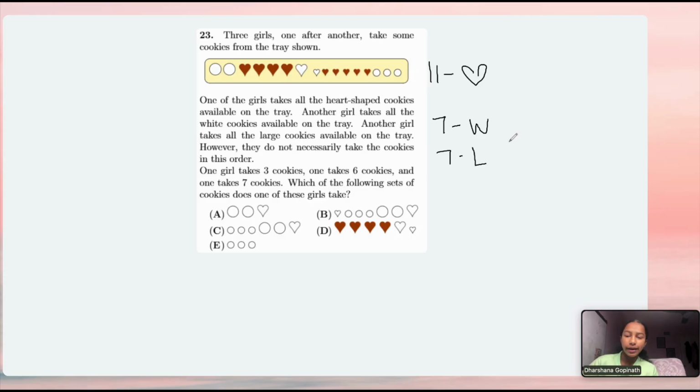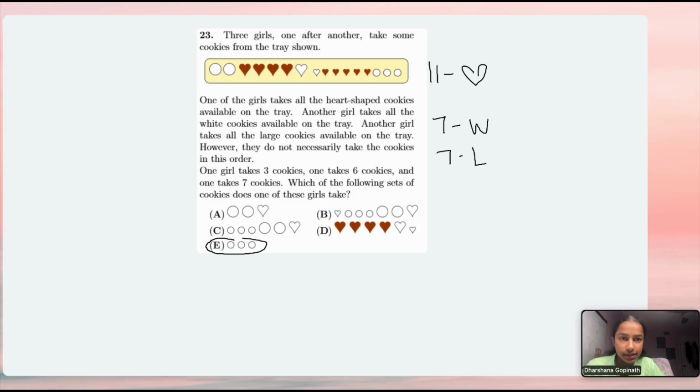So whoever went next did not take 3 or 6 cookies. So the first girl took 7 large cookies, the second took 6 small hearts, and the third one took 3 small round cookies. And the only option that has one of those 3 options is letter E, with the 3 small round cookies.